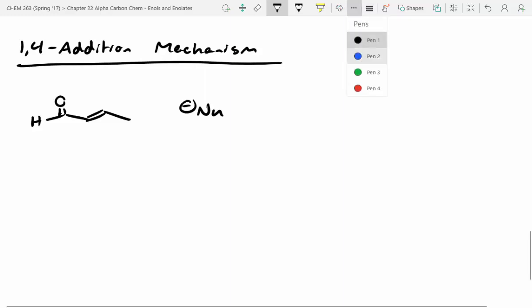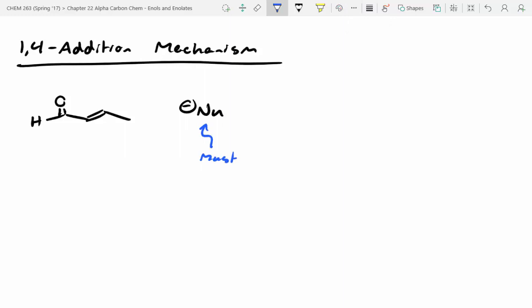And it's important to remember that this must be weak. Must be stable or weak. And in this situation, all that's going to happen is it's going to attack this carbon. This pi bond can hop over, and it can kick up electrons onto the oxygen.